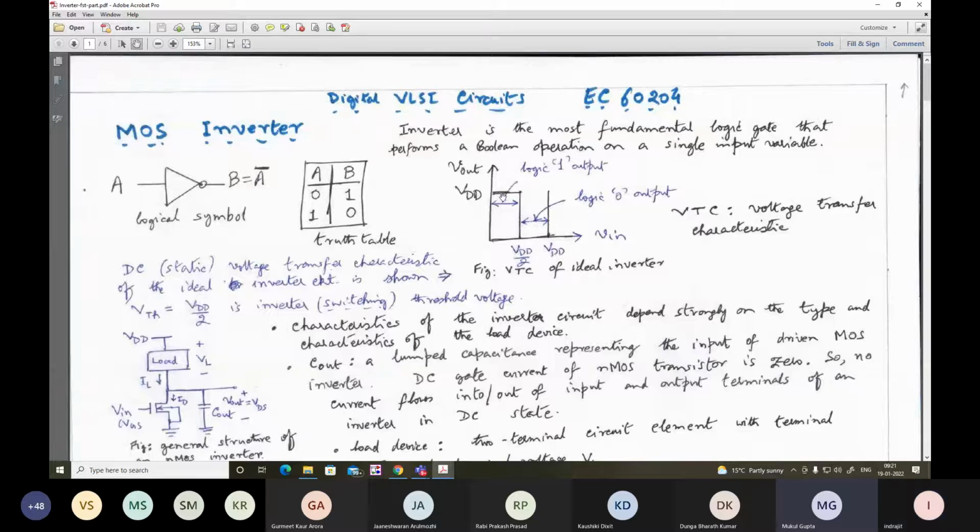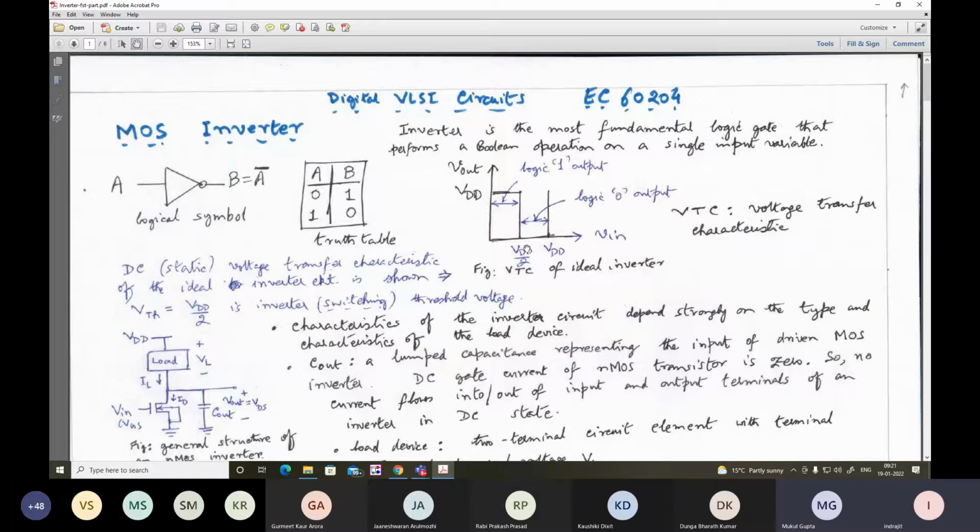This is the brick wall characteristic, the voltage transfer characteristic, where along the x-axis we plot the input voltage and along the y-axis the output voltage. VDD/2 is nominally in the middle of the swing.